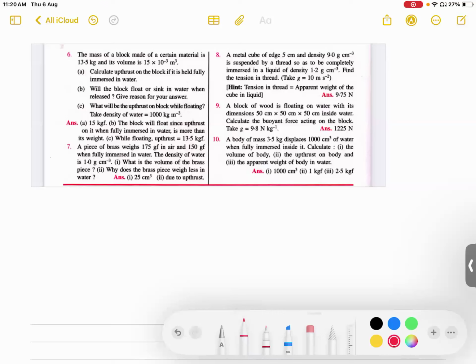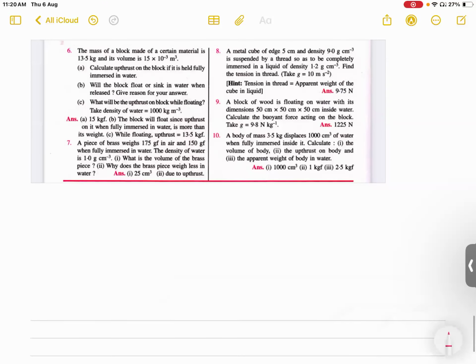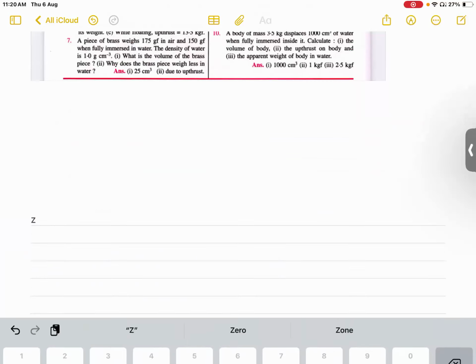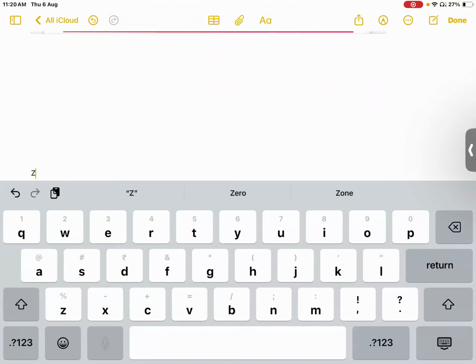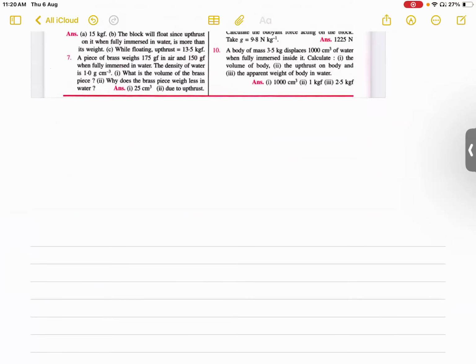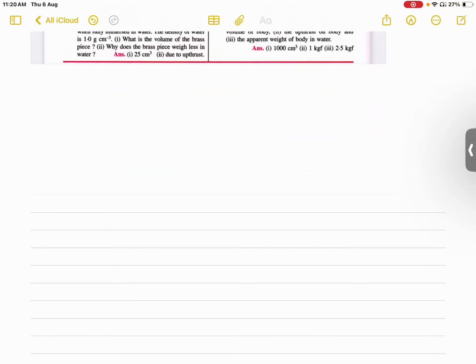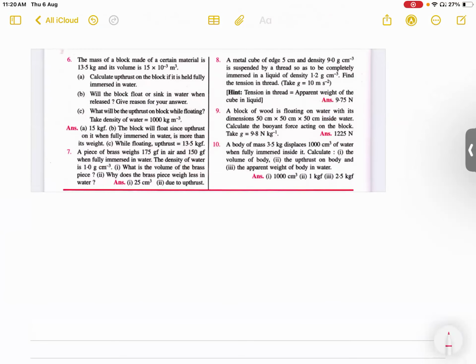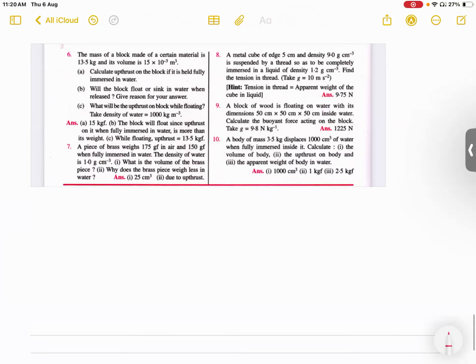Question number 6. The sixth question is: the mass of a block made of a certain material is 13.5 kg and its volume is 15 into 10 raised to minus 3.